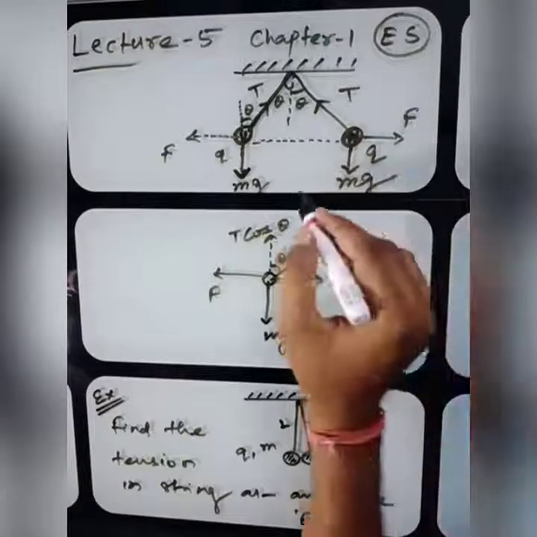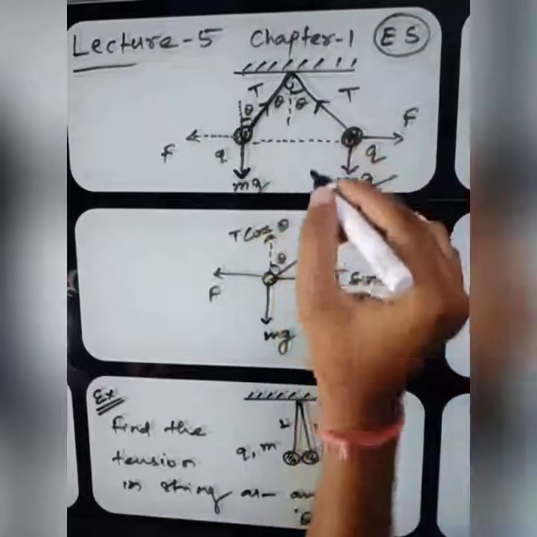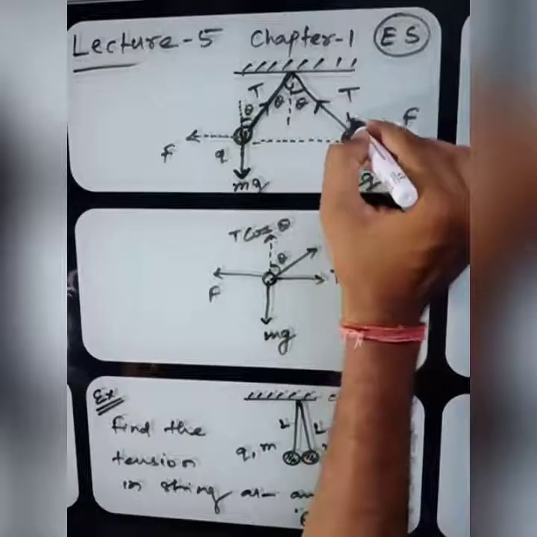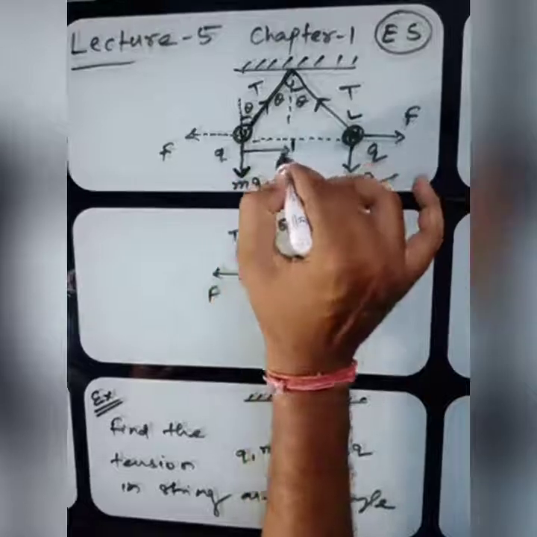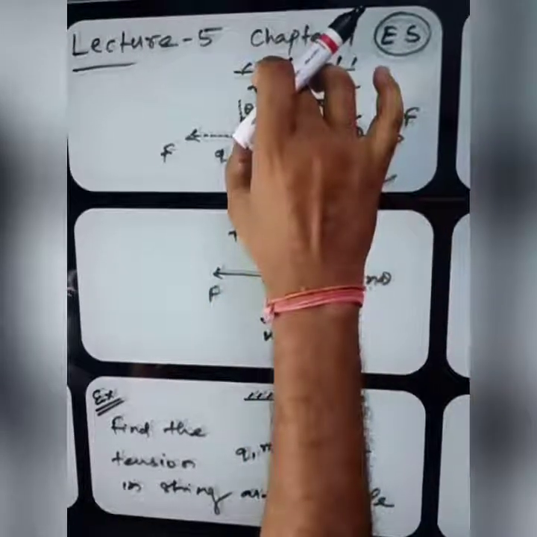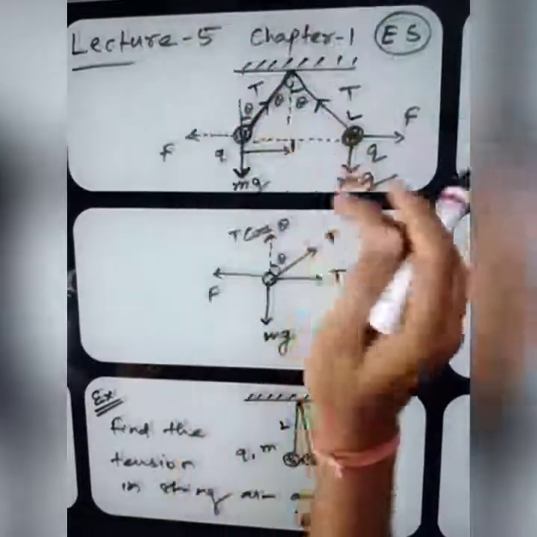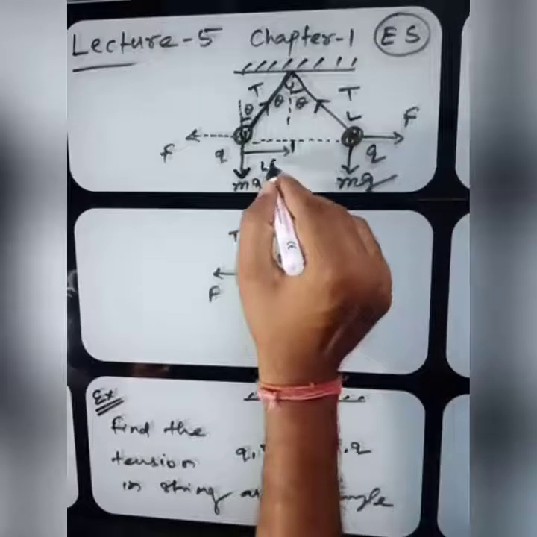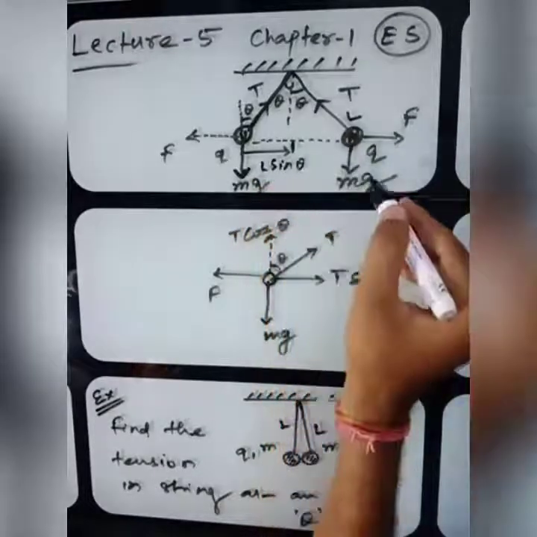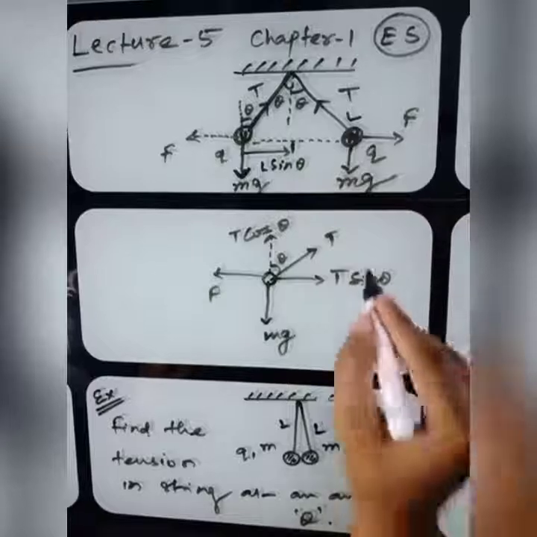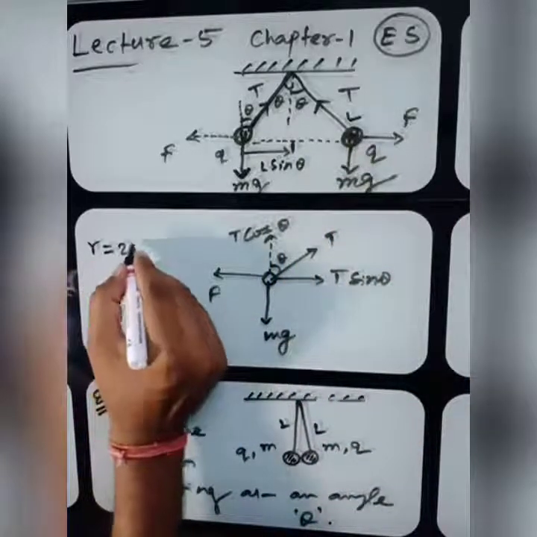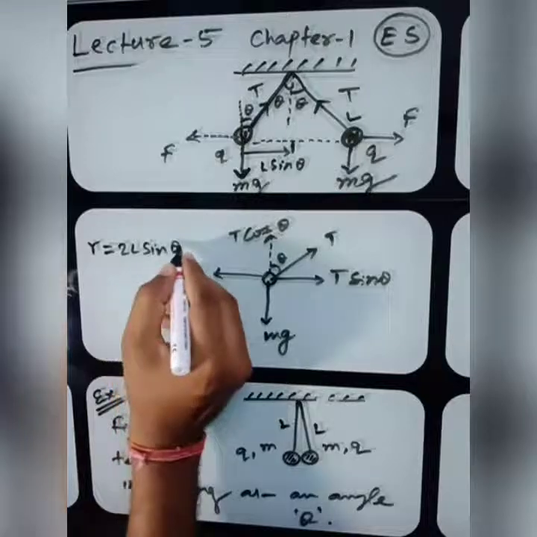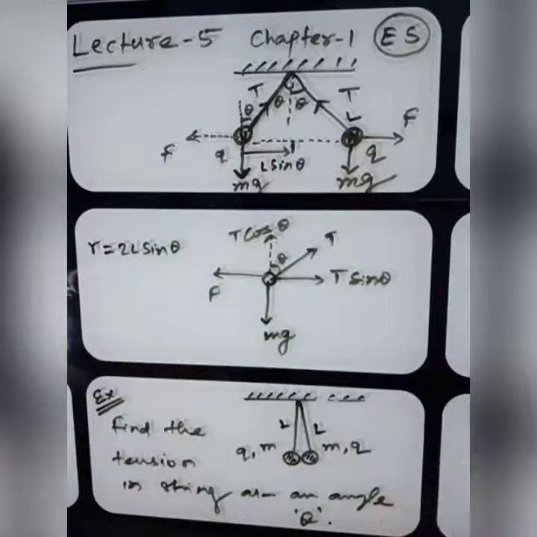Now you can find the separation also, since the length of the string is given as L. This distance will be L sine theta, and this is also L sine theta. So the total distance R will be 2L sine theta.